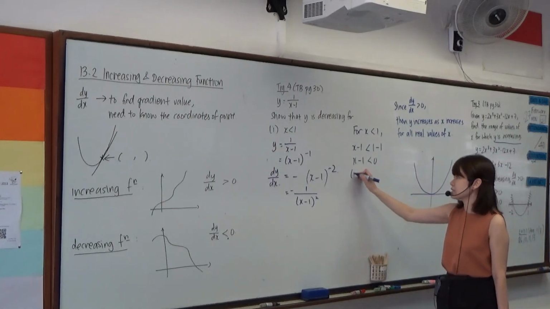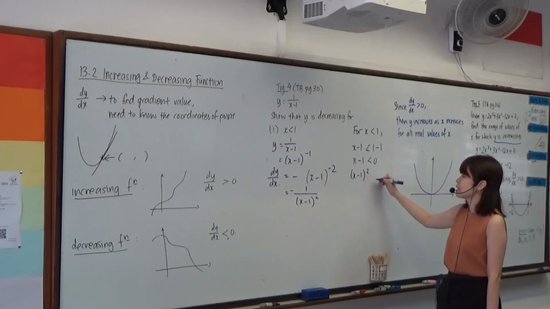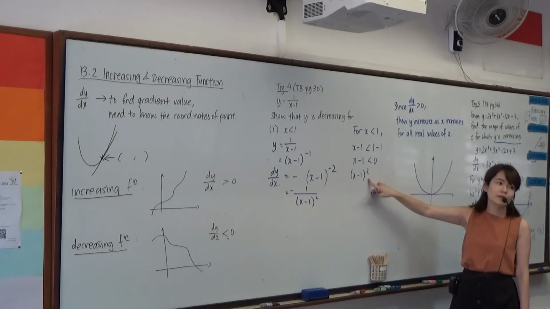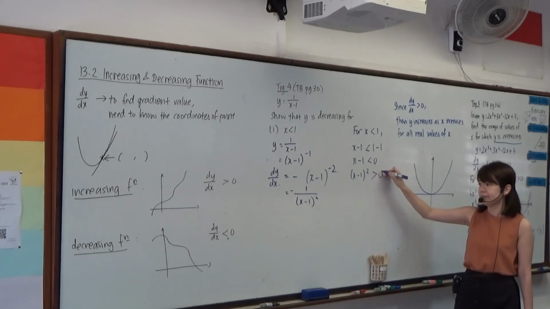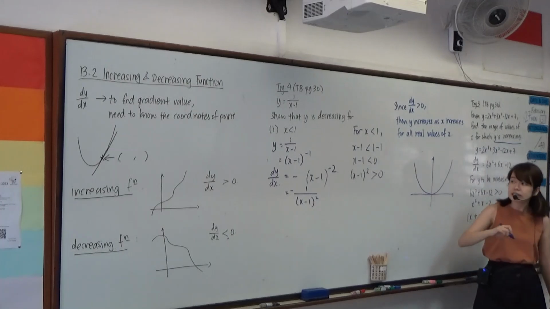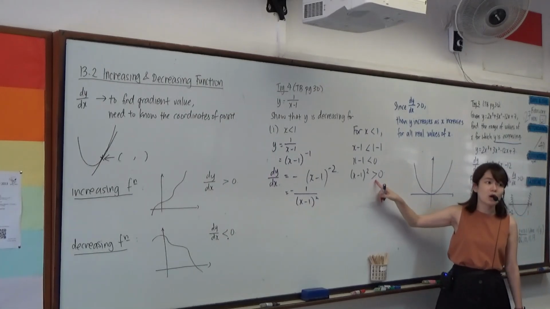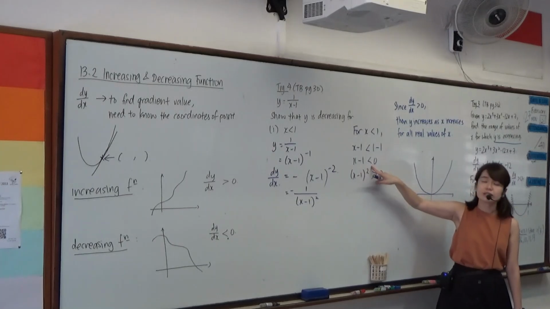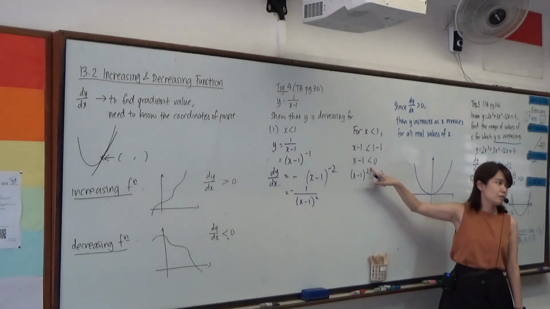Then after that, x minus 1 squared. Since it is less than 0, when you square it, it will be positive. In this case there's no way for it to be more than or equal to 0, because x minus 1 itself is strictly less than 0. It is not possible for it to be 0 at all. Therefore, this has to be a strictly positive inequality.